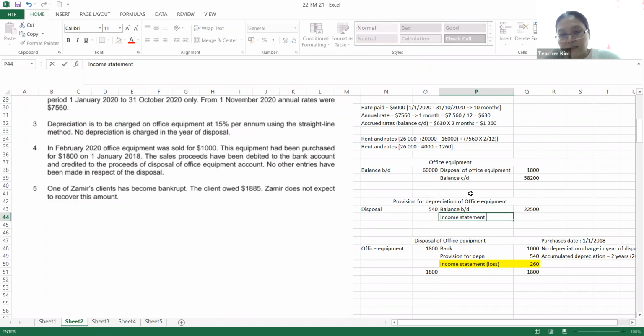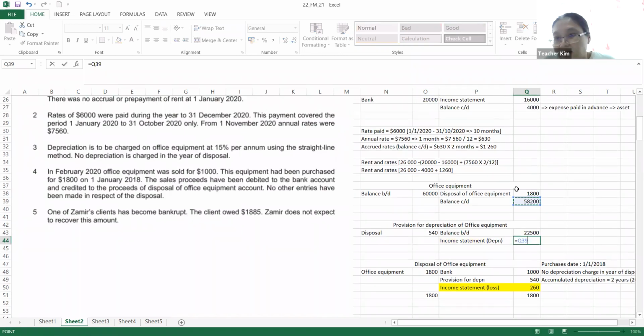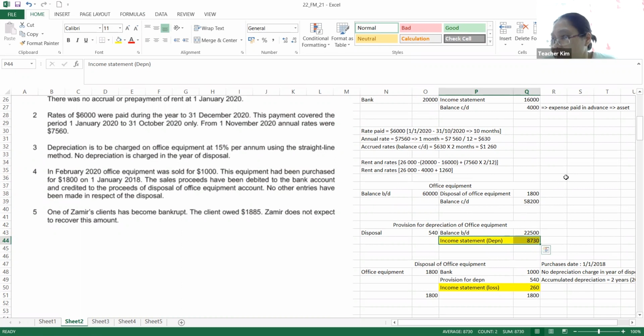So this is the calculation of depreciation for the year to charge. Because it's a straight line method, take the cost times the 15%. So this will be our income statement depreciation amount for the year. So far, okay?